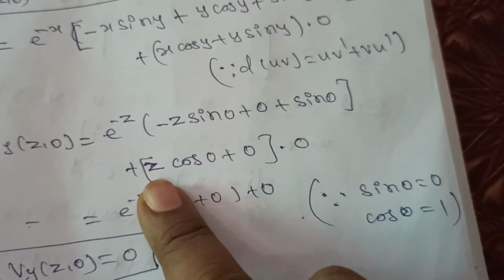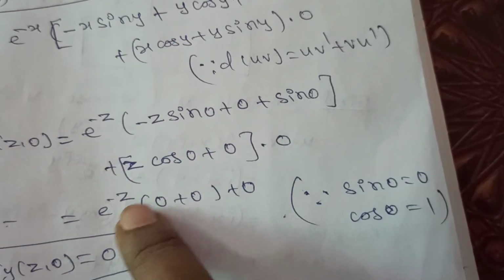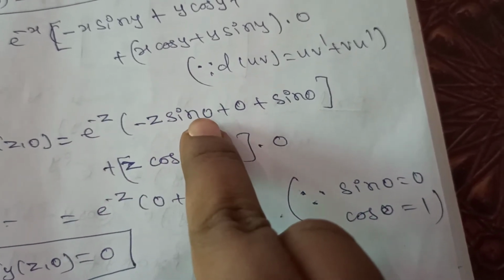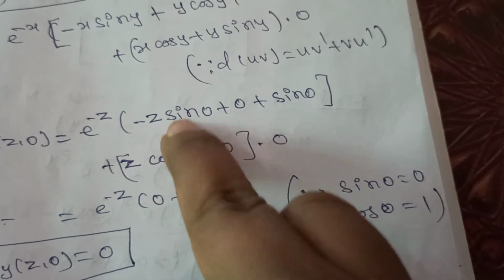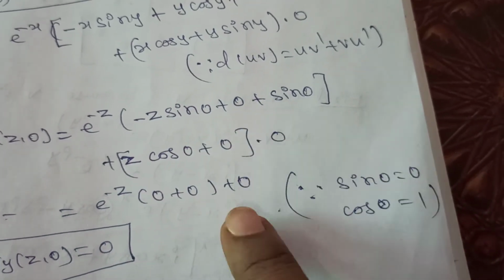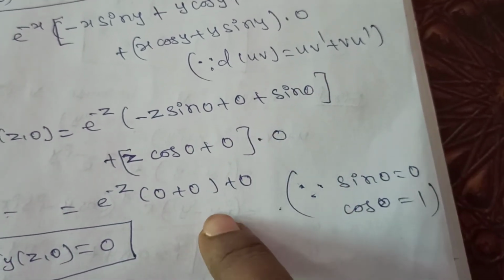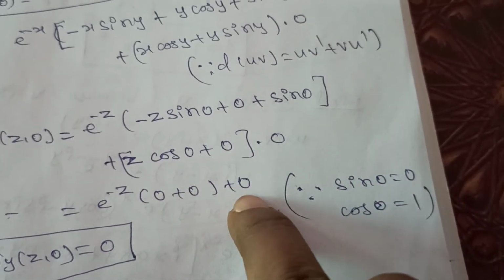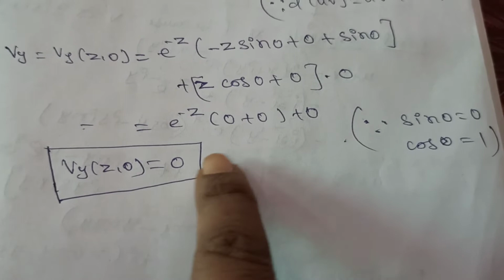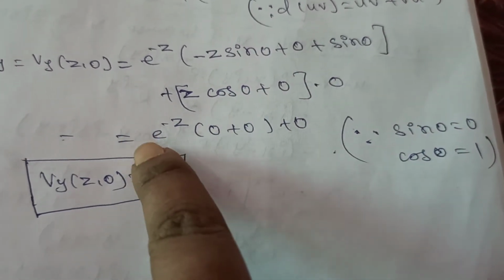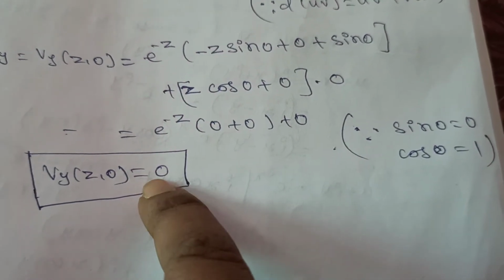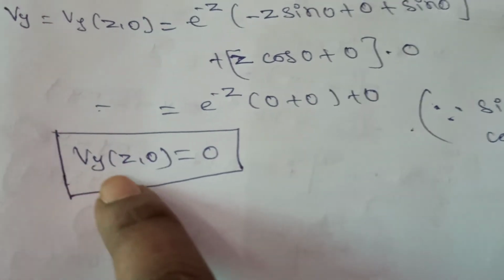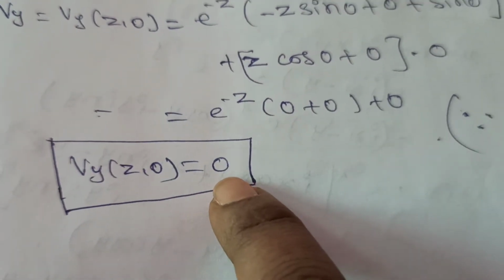Substitute here: the first term, e power minus that into sin 0 which is 0, and anything multiplied by 0 becomes 0, so this term becomes 0 plus 0, since sin 0 is also 0. Multiplication of any value by 0 becomes 0. Finally, adding these, we get 0. Therefore v y of z comma 0 is 0.